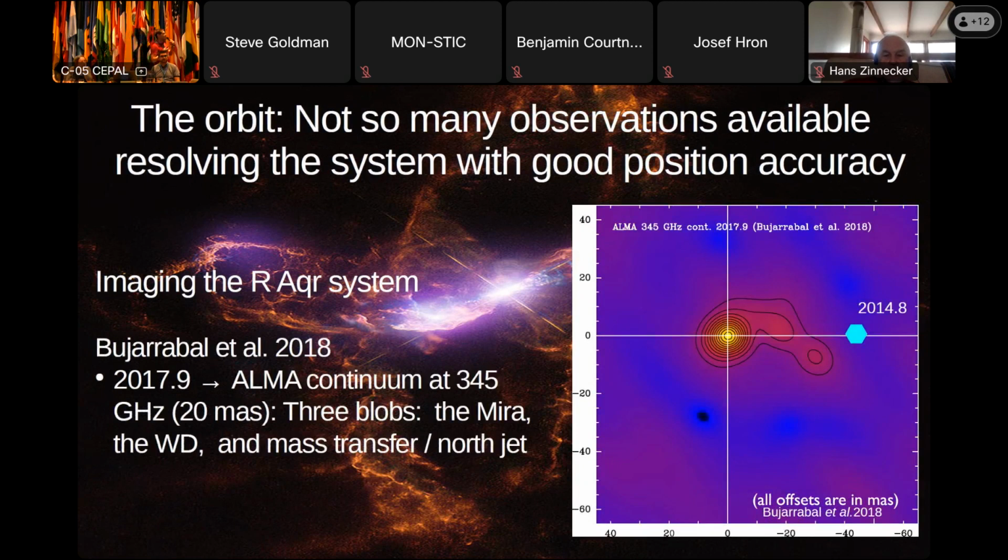Then we have some observations made by Valentin Bujarrabal and published in 2018 with ALMA continuum at 345 gigahertz. And we can see here also the Mira with an extension. We suppose that the white dwarf is here, and these arcs, we don't know exactly if it's mass transfer or not, but in that case, we place the white dwarf there.